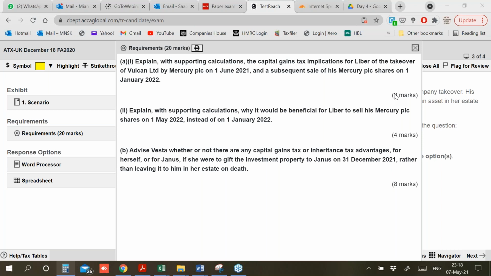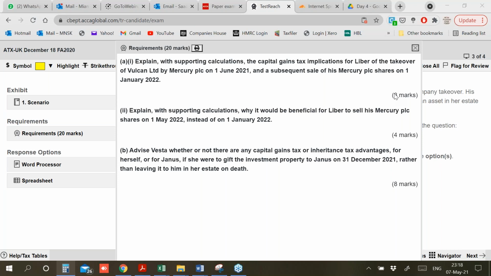Okay. So the thing is that there is no difference whether she gifts the property to him now or she leaves it in her death estate. However, from the CGT's point of view, there is one advantage: if she gifts him the property today, the value of the gift will become the base cost for Janus.